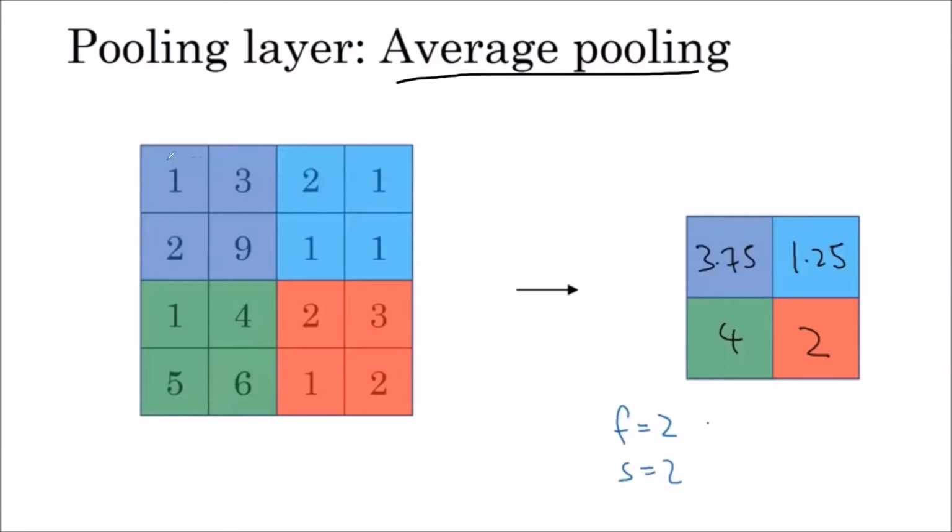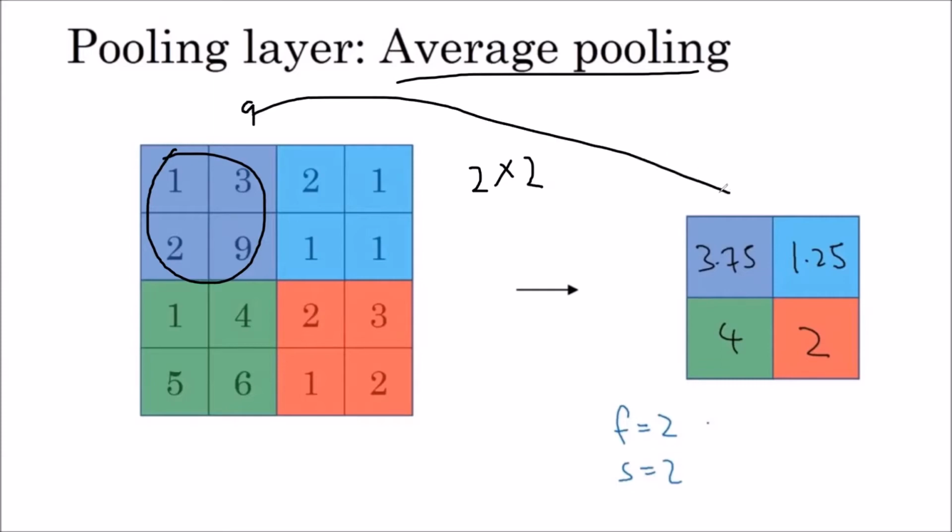Now we are discussing what average pooling is. In this example, if we take a 2x2 filter, this filter captures the information 1, 3, 2, 9 from the feature map. In max pooling, the maximum value of this 2x2 area, which is 9, will be given as output.